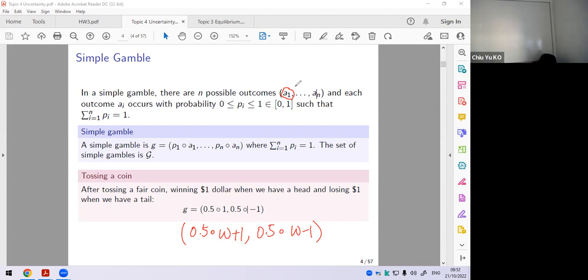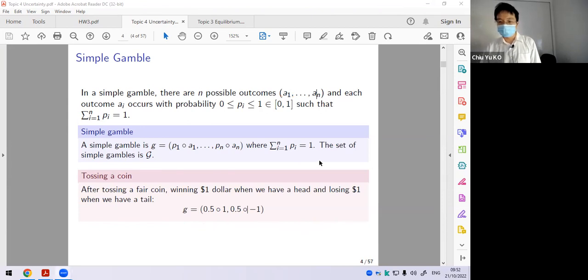A1 may be a lottery, A1 may be a ticket to Japan, A2 may be $5,000, A3 may be spending some time in a resort. So they can be completely different things and need not be the same. It's a very general idea.